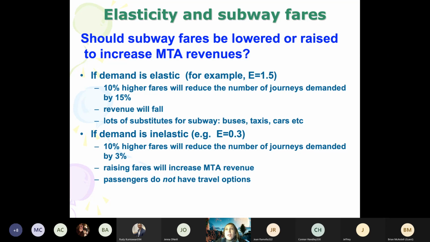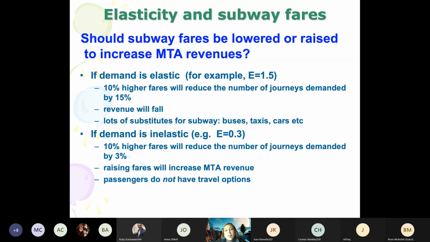Maybe it won't even reduce much at all the number of trips taken. In this case, an increase in fares to $3 would actually raise the revenues of MTA. And that's true if passengers have no other travel options.